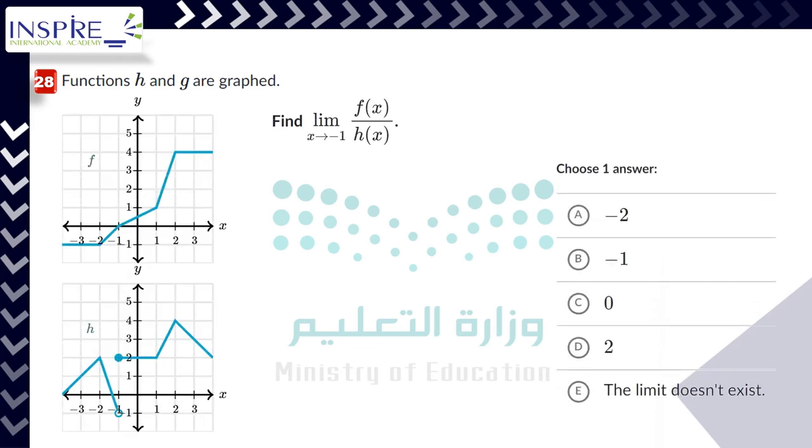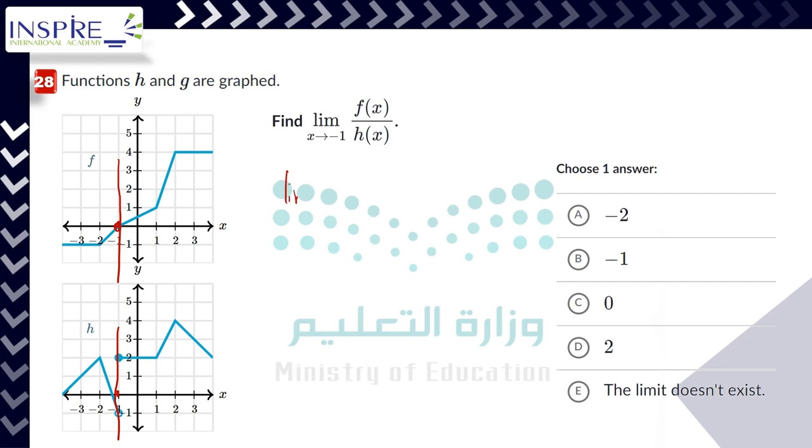Okay, this one. We need the division of f of x over h of x as x approaches -1. We'll do the same. I'll start with f of x. This is -1. The same at h. Draw a line.